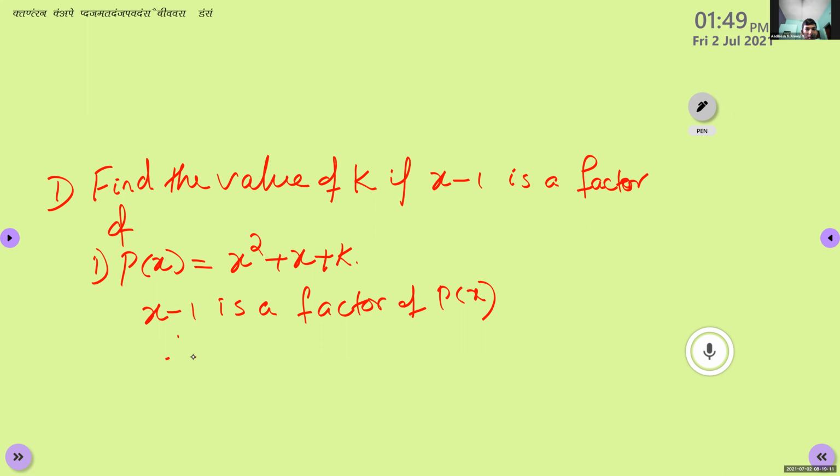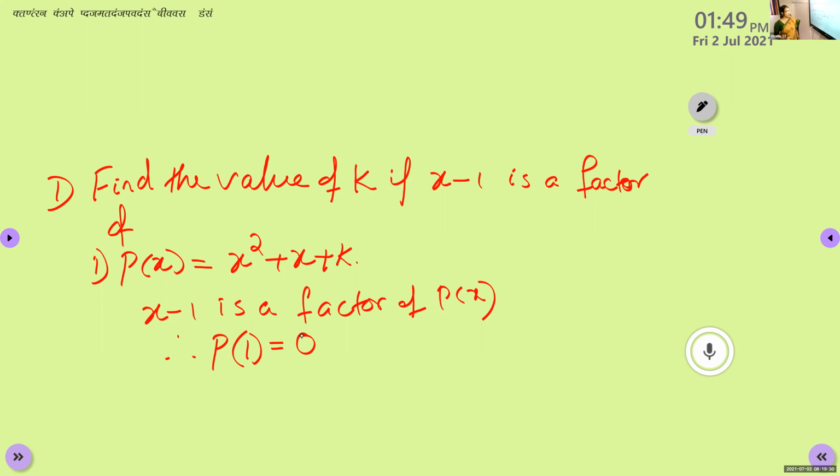P of a, yes, p of a, where x minus a is the factor. What is a here? 1. Yes, p of 1 equal to 0.